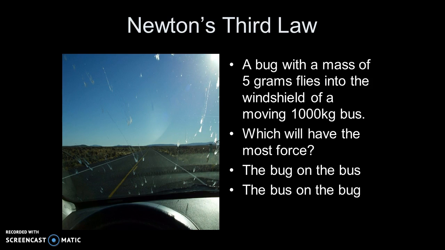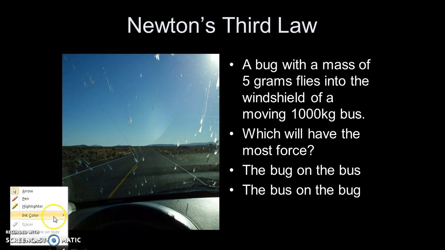A bug with a mass of 5 grams flies into the windshield of a moving bus which is 1,000 kilograms. Which will have the most force? Well, if you recall, let me pull up my pen real quick. There it is.